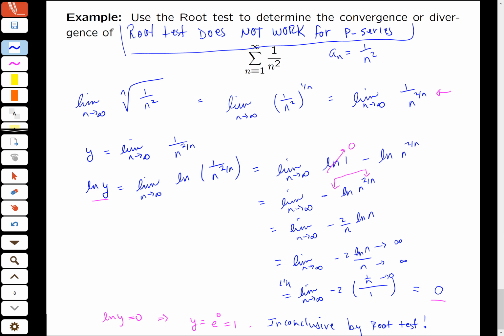But don't ever use the root test on a p-series. It's not going to work. It'll always give you 1. It will always be inconclusive. I know this series converges by the p-series test. Much simpler than going through that root test.